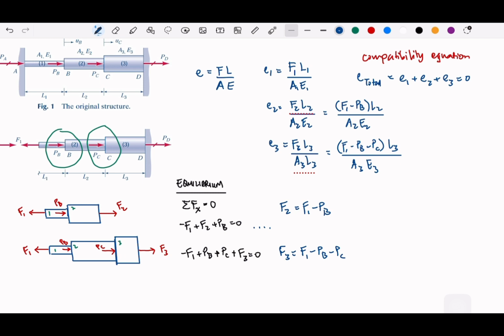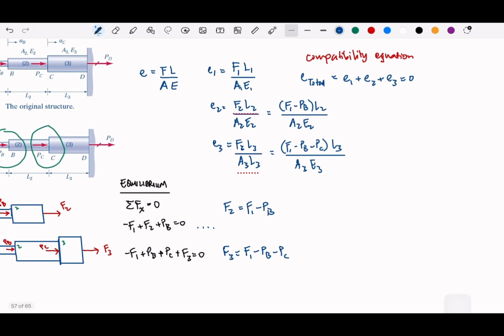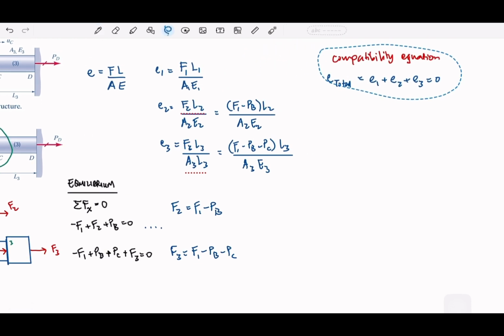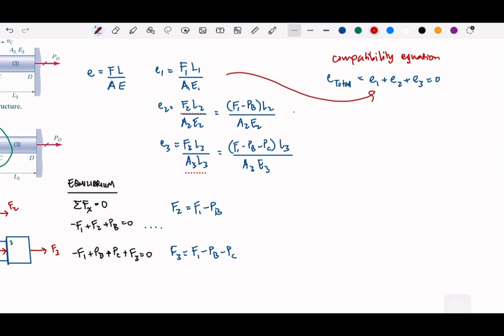And then all of this we can write in this E. So we can substitute back to the E. Let me write here. So we can substitute to here all of this.